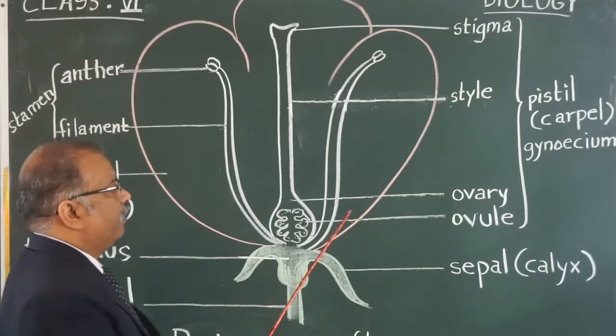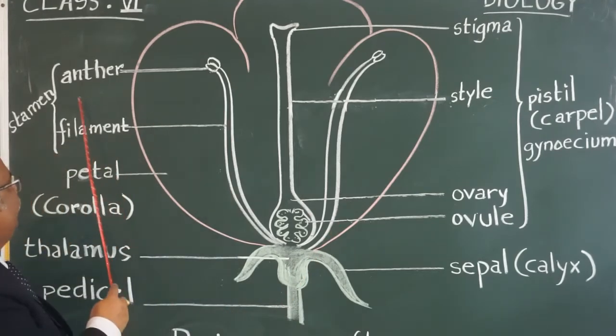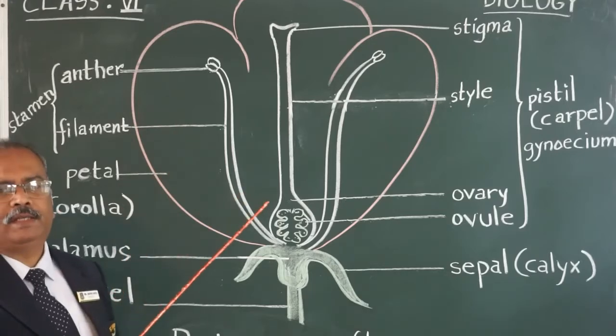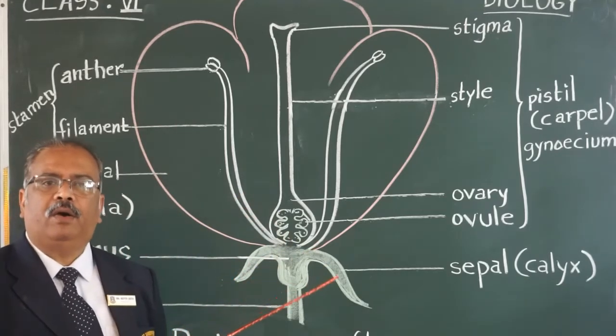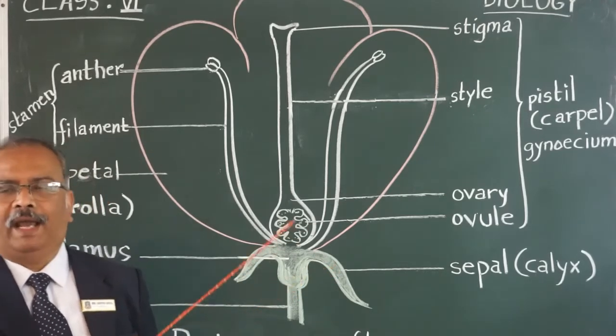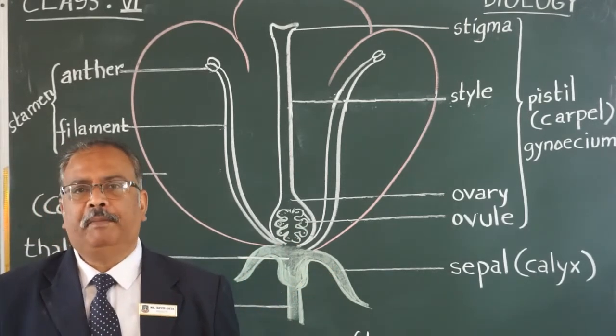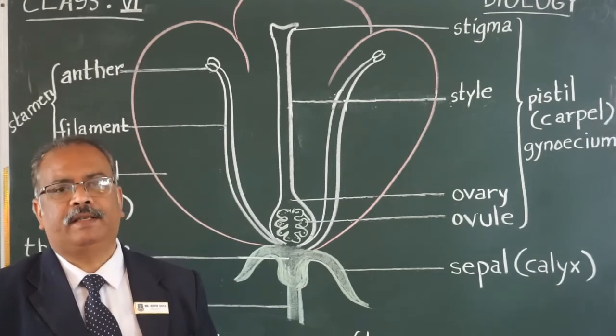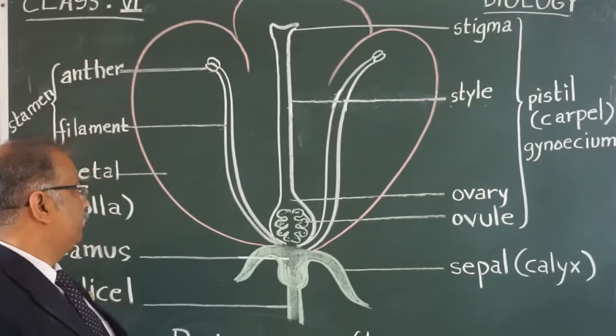The third one we have is the stamen. We also call it the male reproductive part or androecium. Don't get confused. Androecium and male reproductive part are the same. It is made up of stamens.